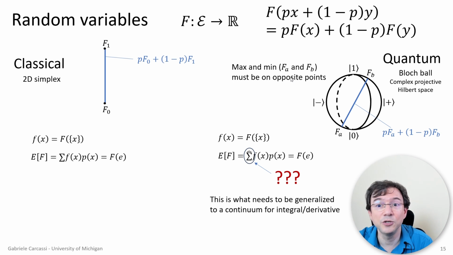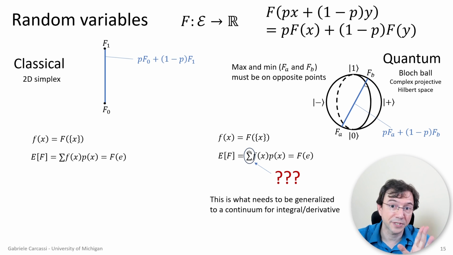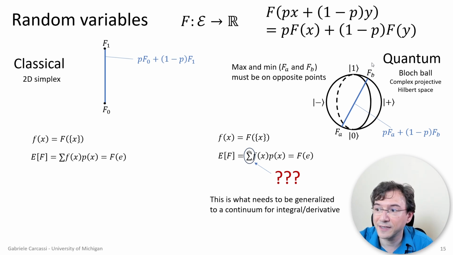In quantum mechanics, you can sort of do the same. You can show that if you have something that is a linear functional of the ensembles, you are going to find, for example, for the Bloch ball, that this is going to be a linear function inside this space. And you are always going to find 2 points that are opposite to each other, such that everything essentially is defined by this gradient.